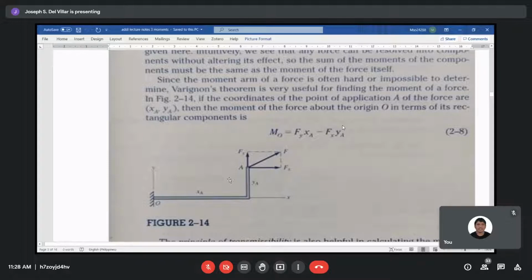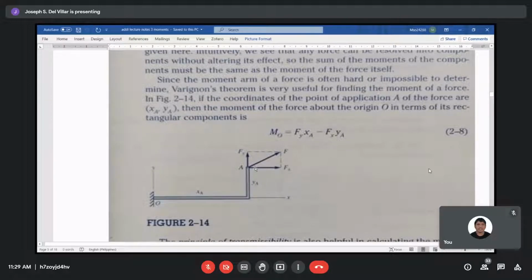Line of action niya, downward to the left, mag-intersect siya somewhere here, di ba? Hindi siya nag-intersect sa O. So therefore, masasabi natin na yung force na yon merong moment. Now, how do we compute for that?